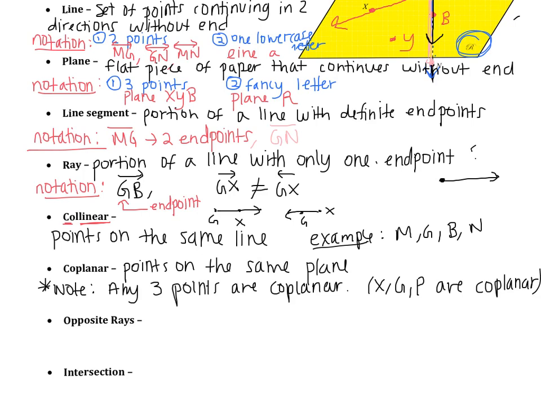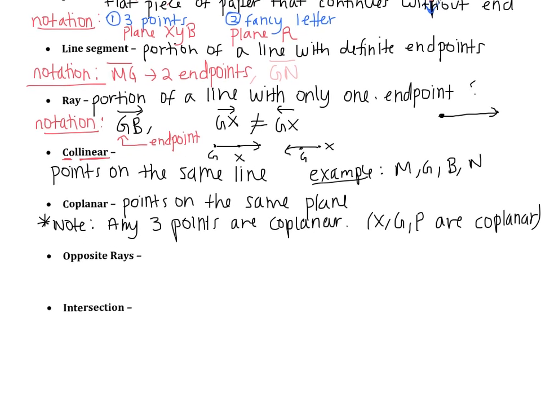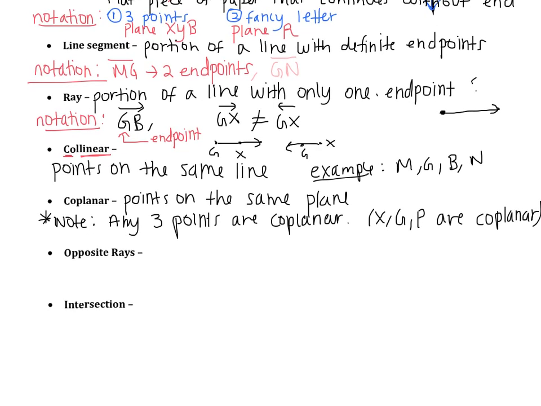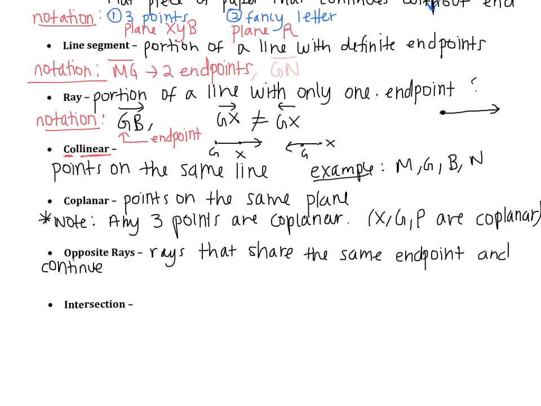Okay, we got a few more definitions and then some examples. So opposite rays are rays that share the same endpoint and they continue in opposite directions.